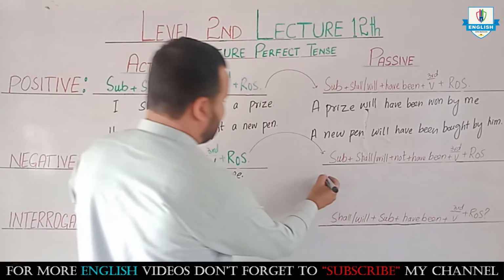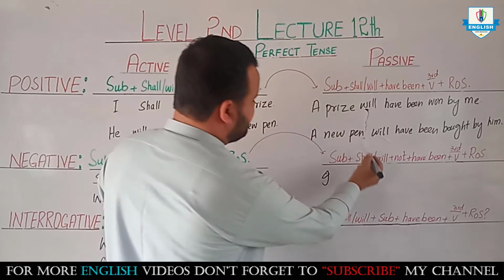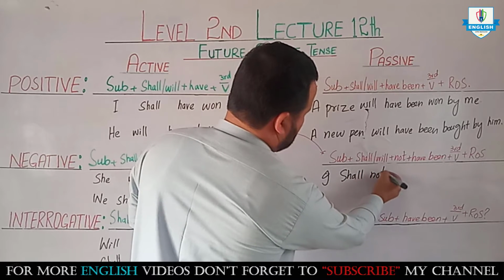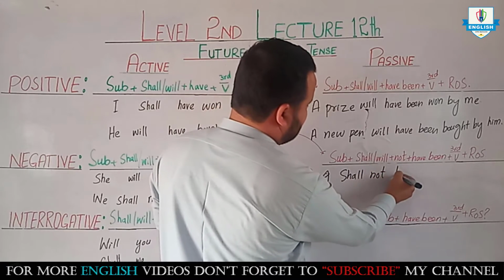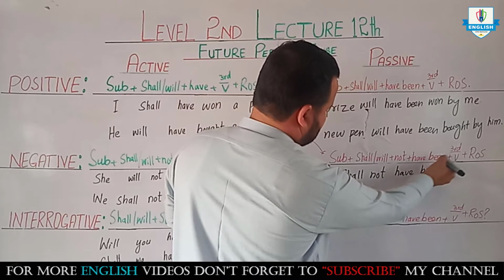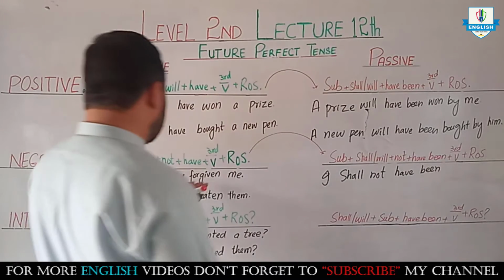Got it? I. When we use I, we are using shall. Not from structure. Have been from structure. Forgiven.